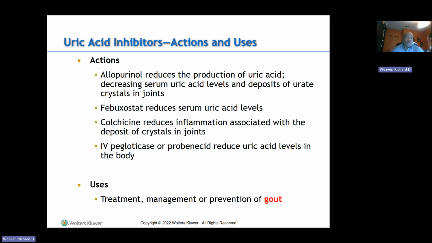Gout is a type of arthritis in which uric acid accumulates in increased amounts in the blood, and then of course this substance is deposited in the patient's joints. The collection of these urate crystals in the joints is what actually causes the symptoms of pain, swelling, redness, and joint deformity of gout.